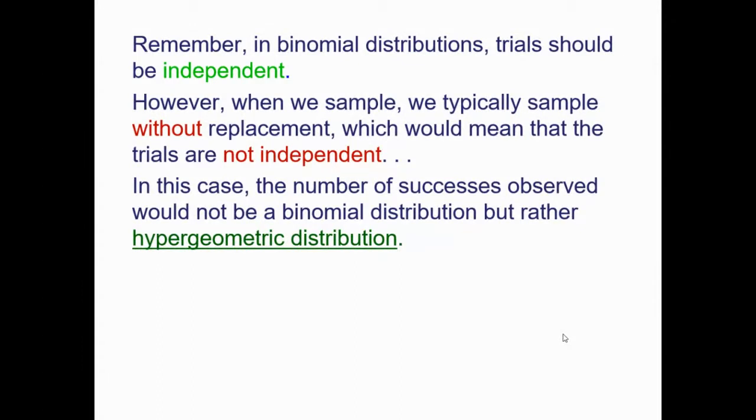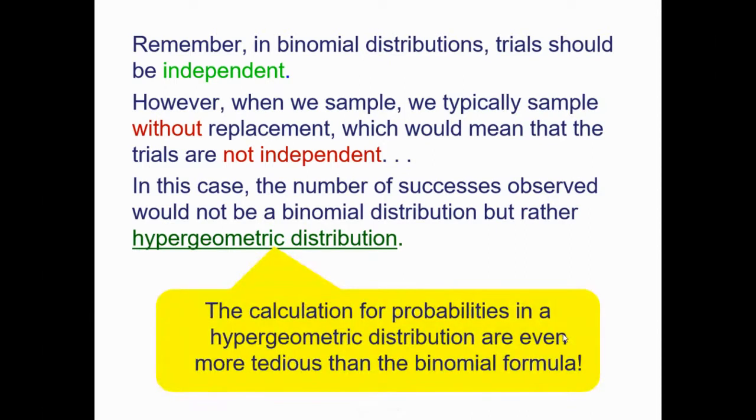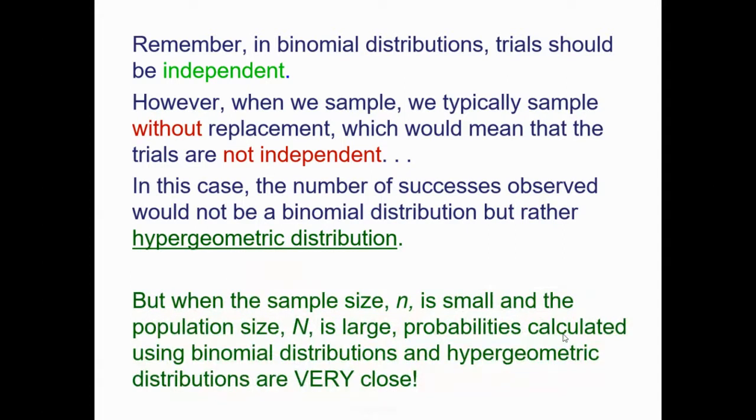You won't be expected to know that distribution. Just know that the calculations for probabilities in a hypergeometric distribution are even more tedious than the binomial formula. So when the sample size n is small, and capital N is large, the probabilities are actually pretty close to each other.